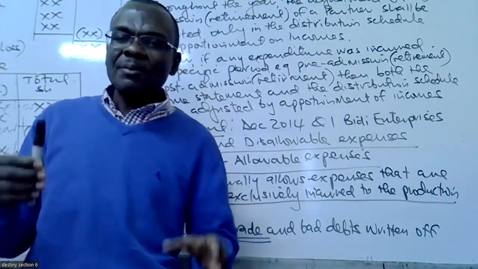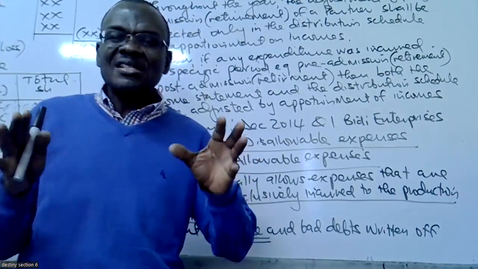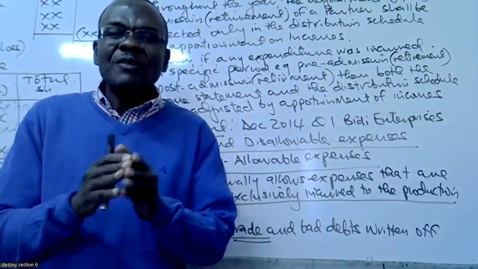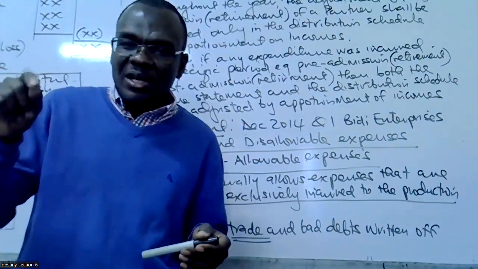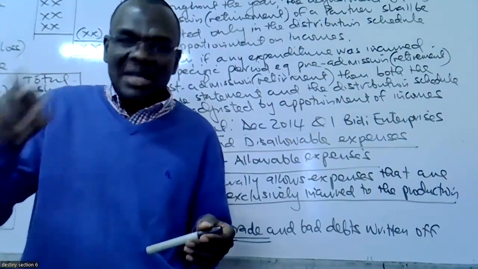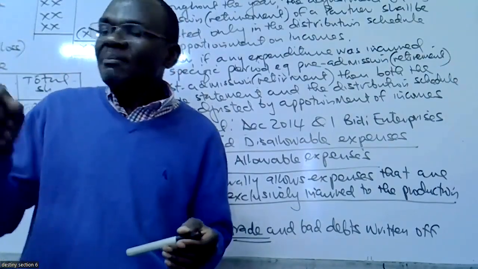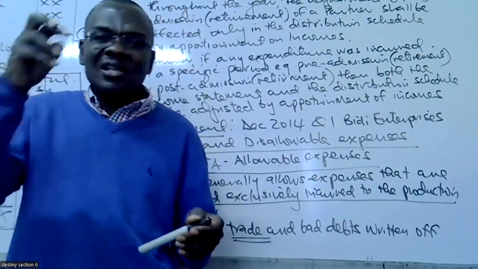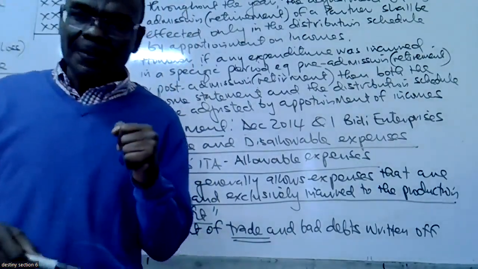Why do we call it a general provision? Because we do not know the exact amount that will be written off. If we knew how much out of the 200,000 was not paid, then that would be specific. But I cannot say I'll make a provision for 20% of 200,000 and charge 40,000 in the income statement. That would be a general provision.